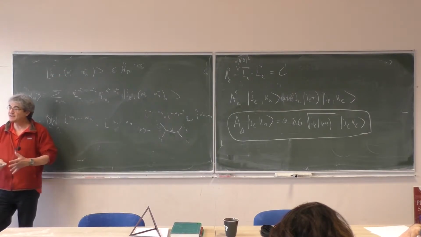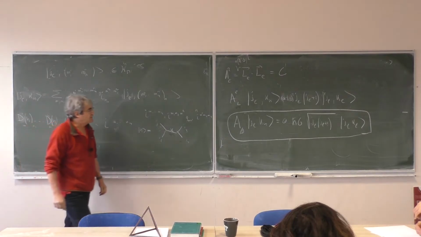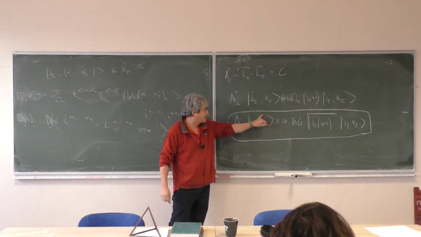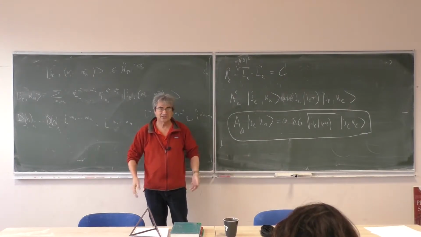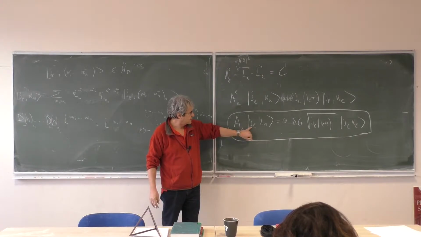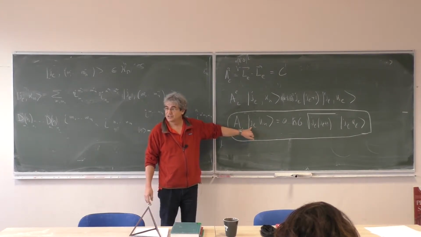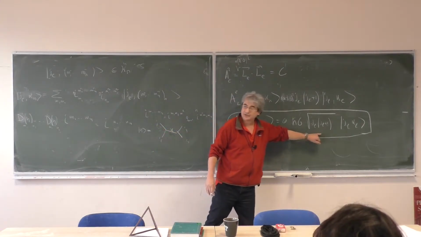Explicitly, I have the eigenvectors, the eigenvalue. The area operator is completely blind to intertwiners. It doesn't see the intertwiner space. It transforms it into itself. It sees the spin associated to the links, and its eigenvalue is this number here.